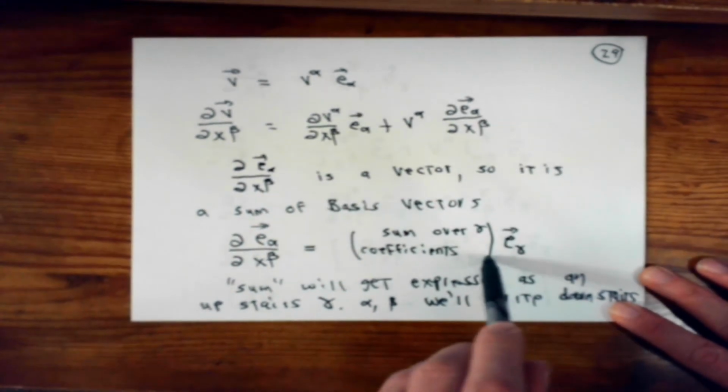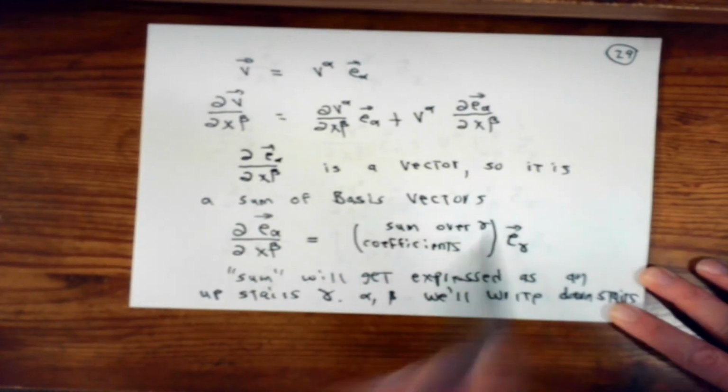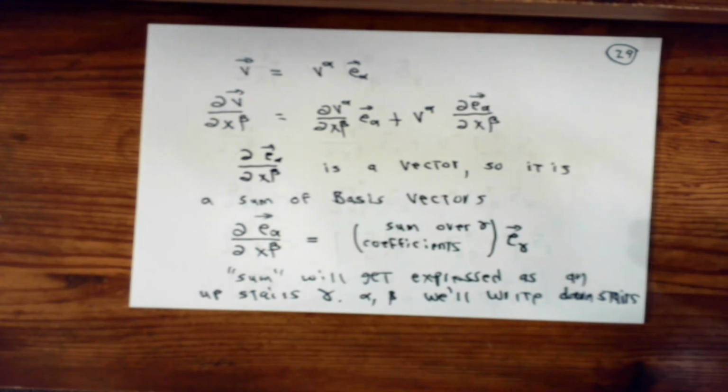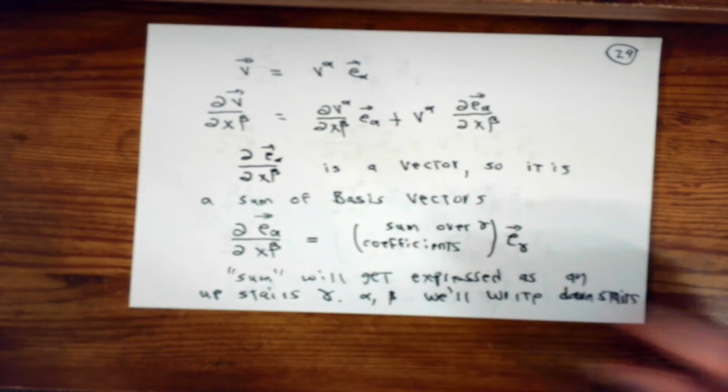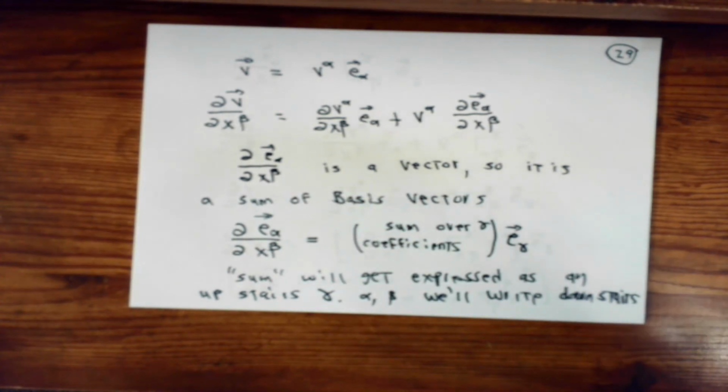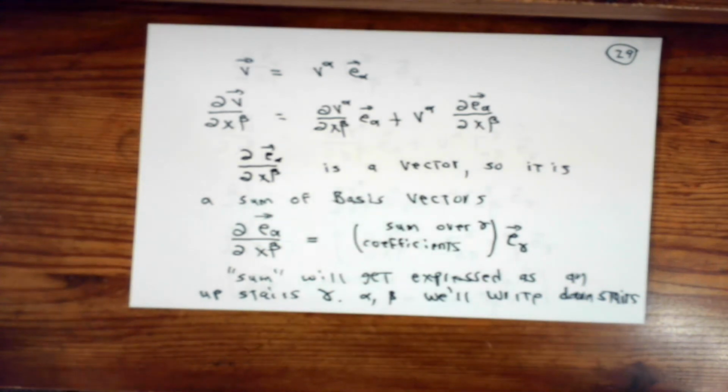So whatever I call this coefficient, it's going to have a lowercase gamma in it. That lowercase gamma has to be upstairs so that I can use the Einstein convention.